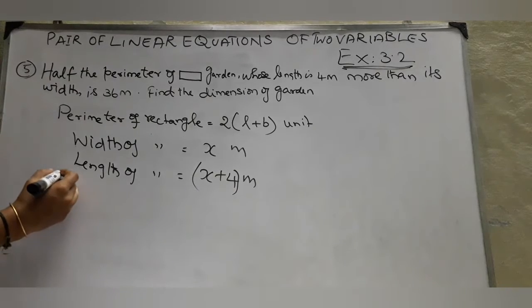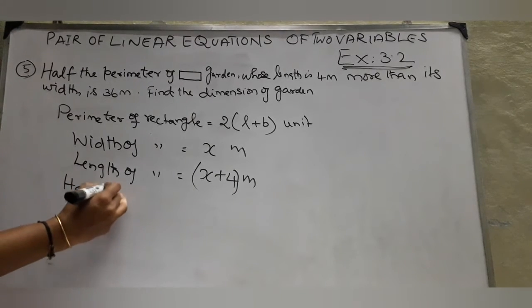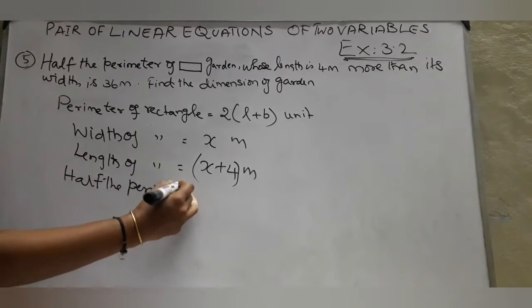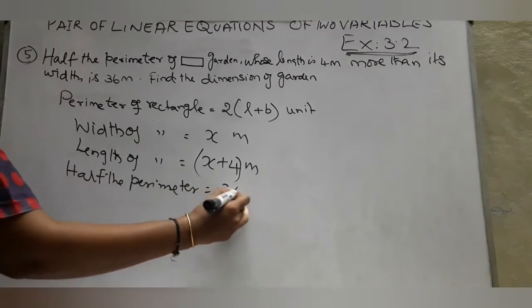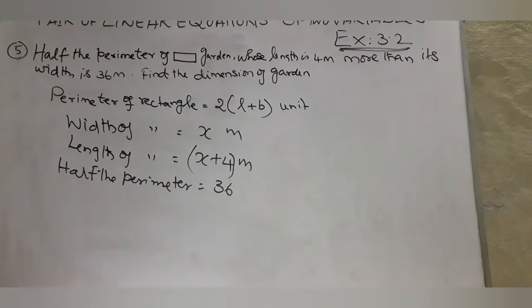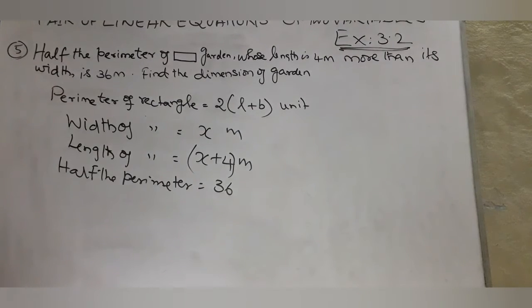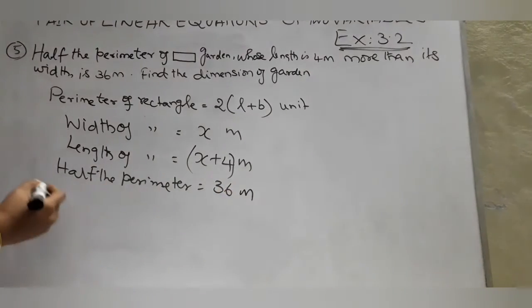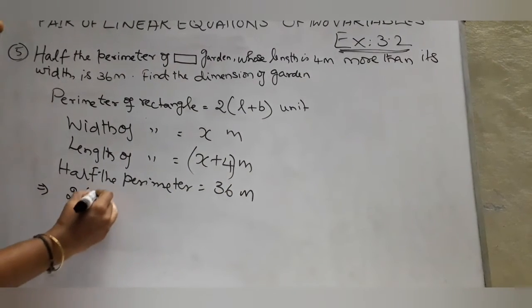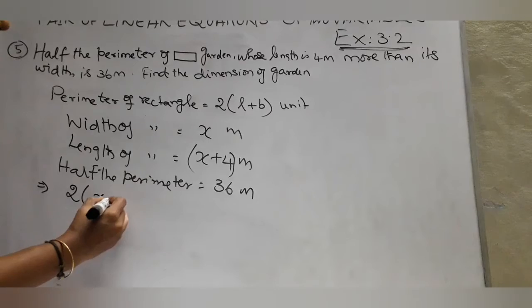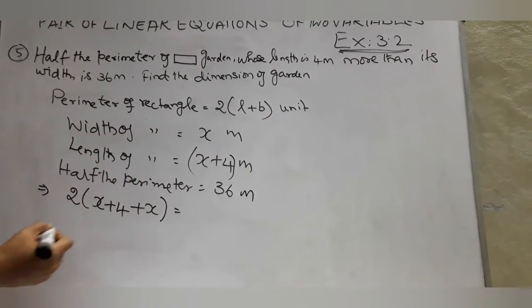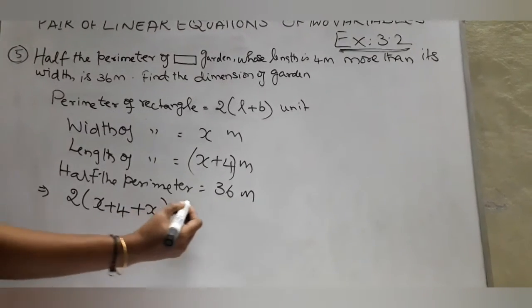Now, given half the perimeter is 36. So, half the perimeter of the rectangular garden is 36 meter. Now, 2 into L, L is x plus 4, plus x is equal to 72.